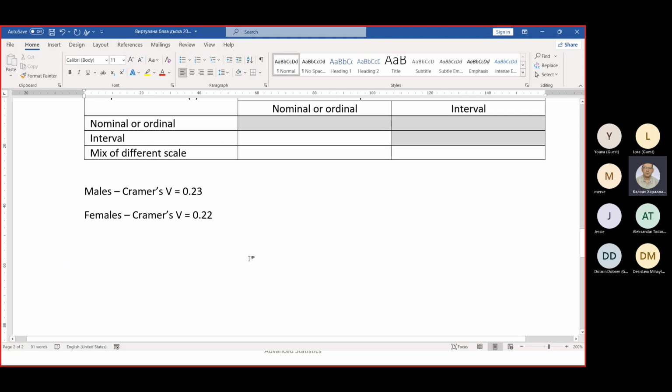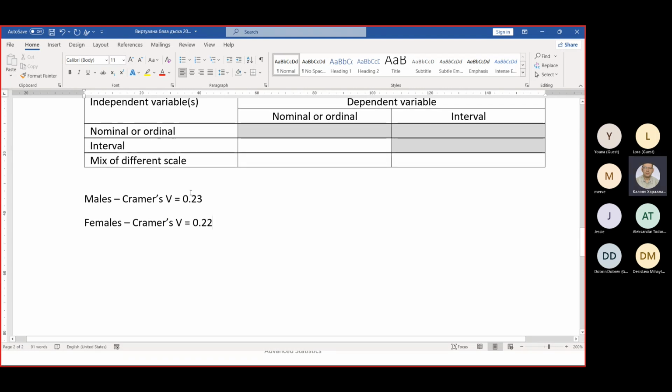That means that in both groups, the relation between marital status and optimism is almost the same.